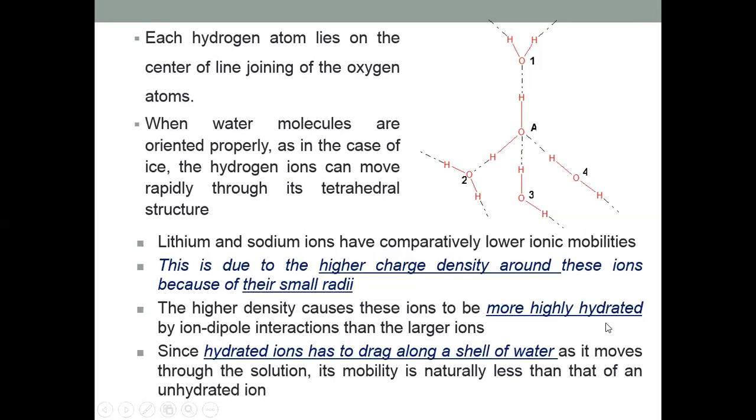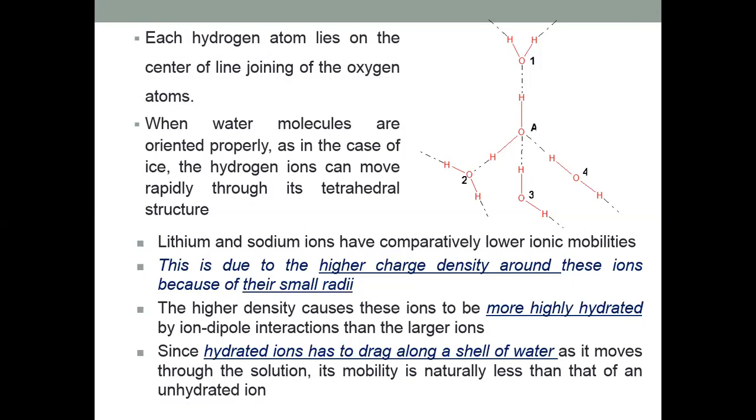This means there are more number of water molecules around this, and hence once it moves through the solution, lithium ion will carry a larger shell of water as compared to sodium. So effectively it will become larger, heavier, the lithium ion, and hence the ionic mobility for lithium ion will be of lower magnitude, which intuitively is reverse, because lithium ion is smaller.